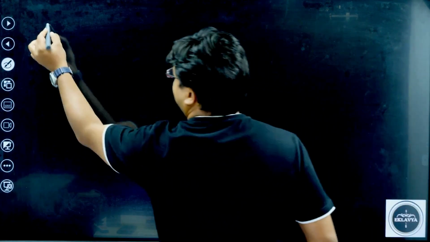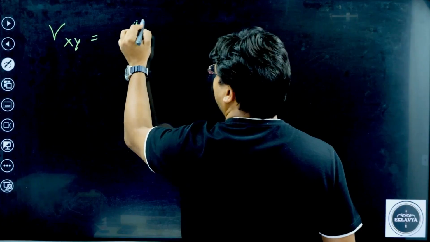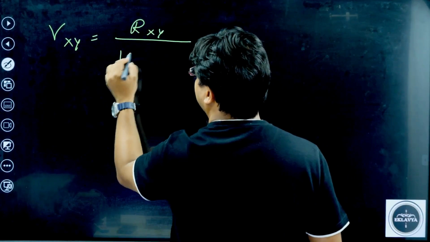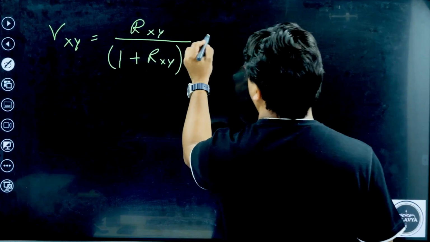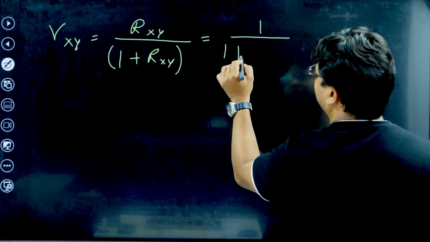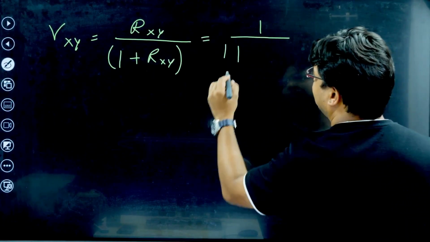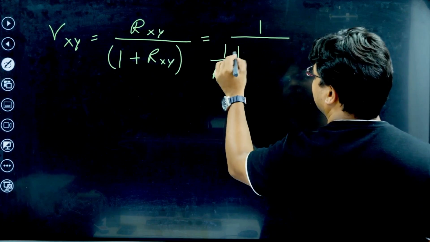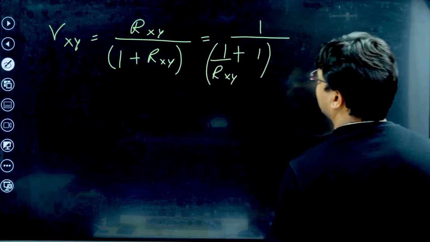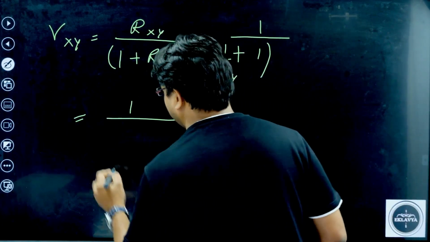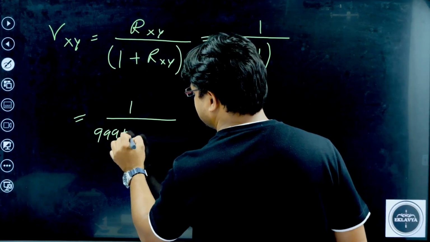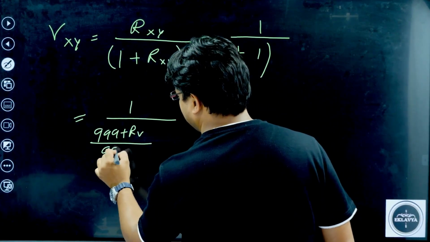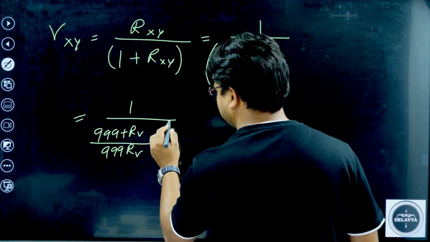So I'll rewrite VXY as RXY divided by 1 plus RXY, or I can say that it is 1 upon 1 by RXY plus 1. Check this, and therefore it will become 1 upon RXY. So that will become 999 plus RV divided by 999 into RV plus 1.